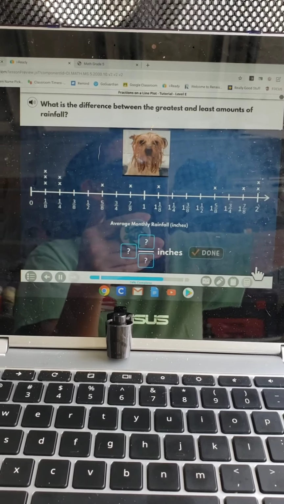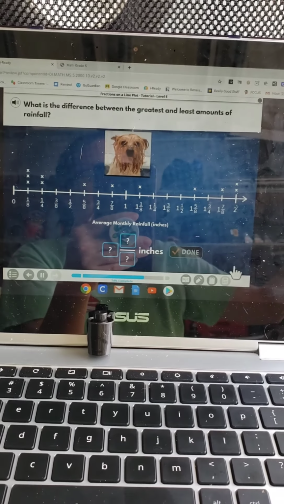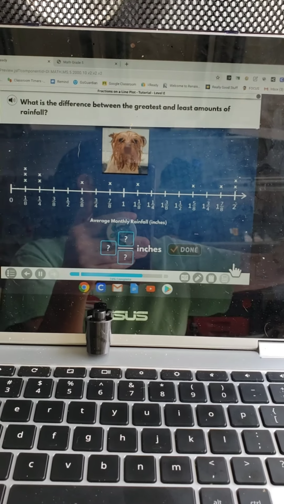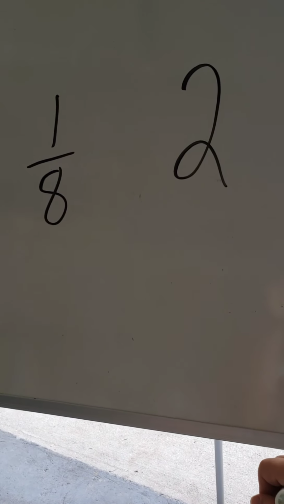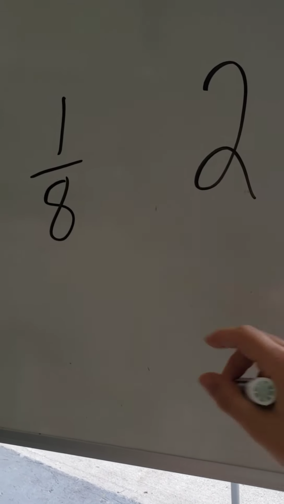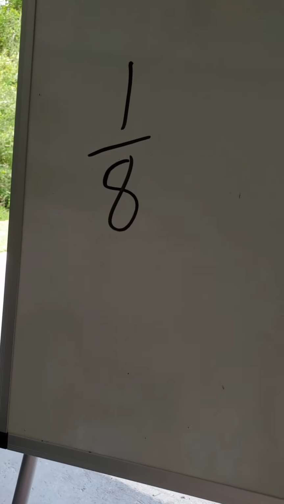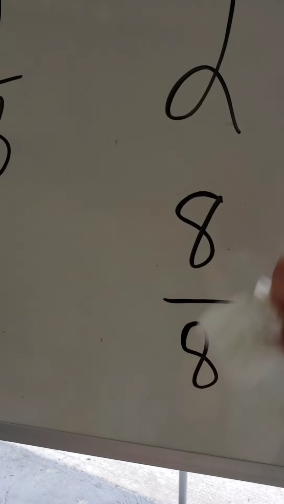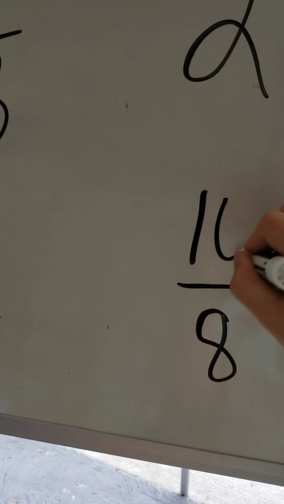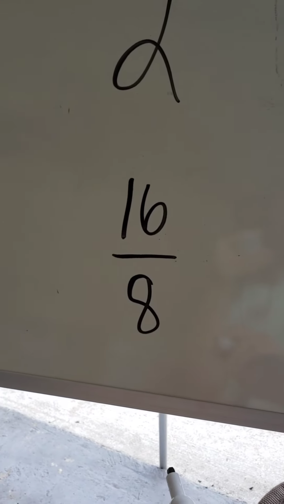So the least amount is 1/8, and the greatest amount is 2. 2 whole inches. 1 whole inch would be 8/8. So 2 inches is going to be 16/8.